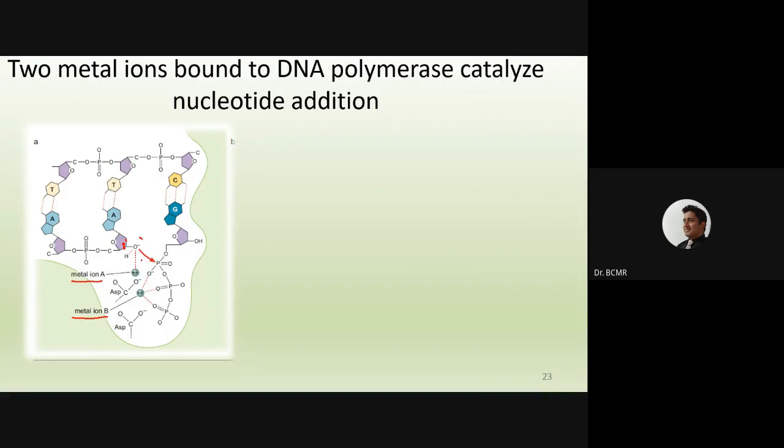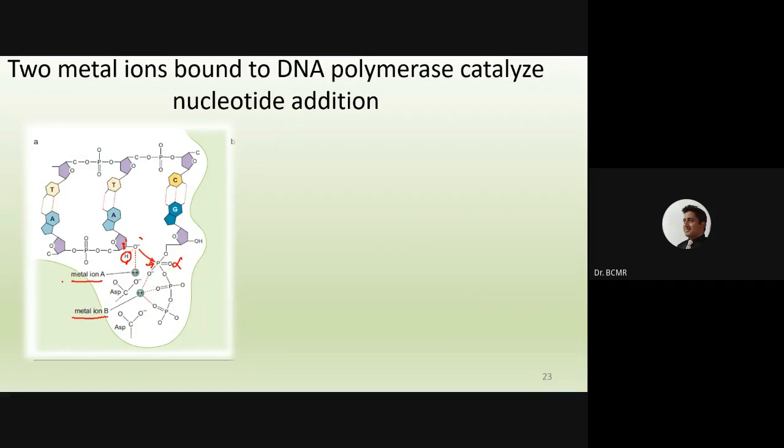Metal ion A is used to deprotonate. This hydrogen is removed, because of which it now forms an oxyanion, and that oxyanion will make a nucleophilic attack on the alpha phosphate.